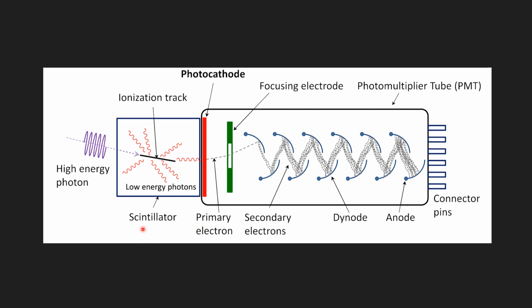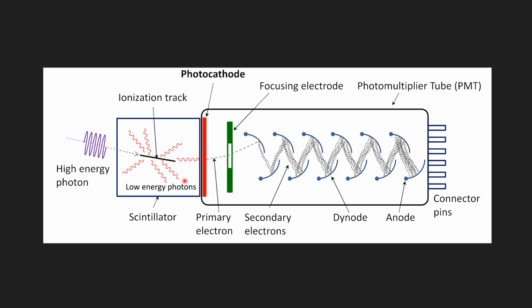So we have a scintillator material here, as we can see, and we have a photomultiplier tube here. When the scintillator material is exposed to nuclear radiation, we will reach the photocathode and we will have the creation of a particle, so it will create light.